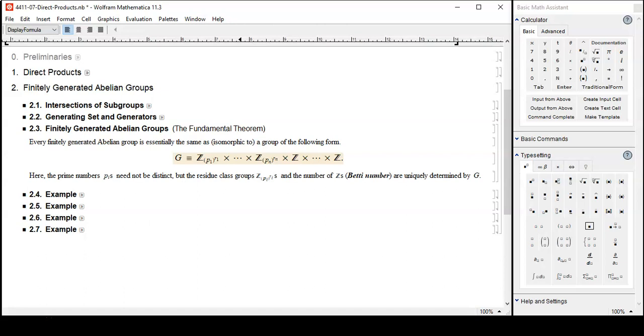There are many fundamental theorems out there, so anyway, as the name suggests, the proof is going to be really hard. Yeah, it's a fundamental theorem, so what do you expect? So we're not going to cover it here in Abstract Algebra 1. It does appear in our textbook, but I'm not going to cover it. Maybe we'll do that in Abstract Algebra 2 if I have the chance to offer it, but not here.